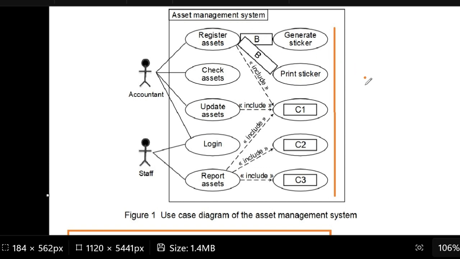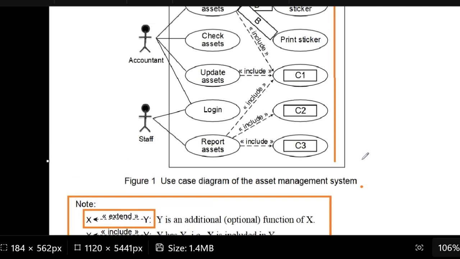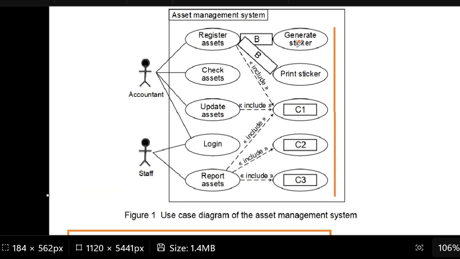And when I re-verified why it's like that, we can see from the note here that I did get the extend part, but what it's saying is if it's going to the left, Y is supposed to be an additional optional function of X. Therefore, in terms of meaning, generate sticker and print sticker should be optional for the register assets task.